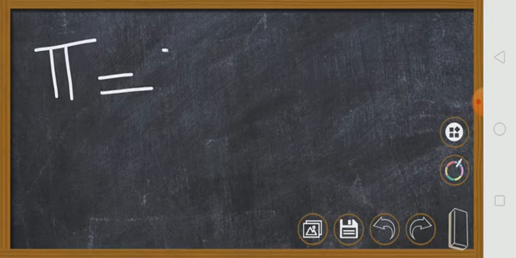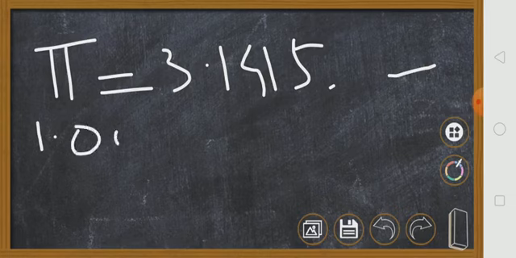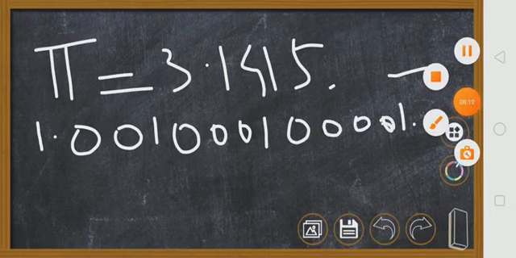Understood? Like suppose pi is what? An irrational number, no? So how can I write? 3.1415 and so on. None of the digits is repeating. Is it clear? I can write 1.001 0001 and so on. Do you see any of the digits repeating?